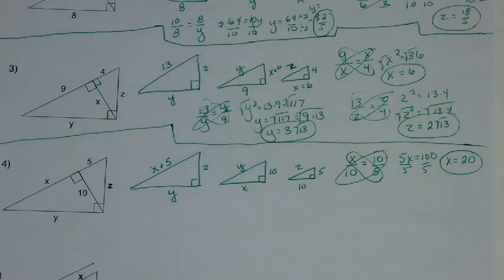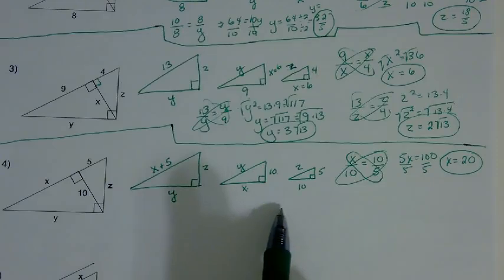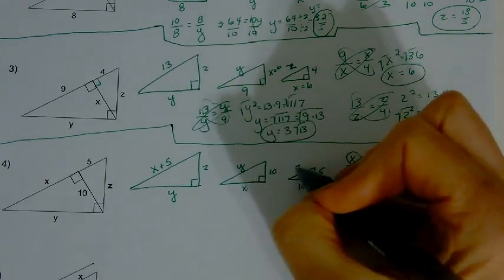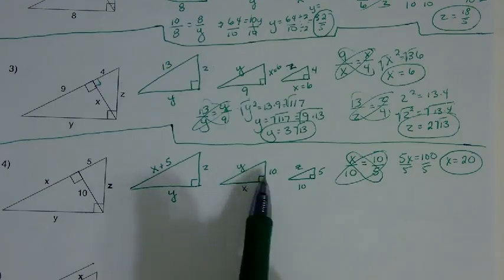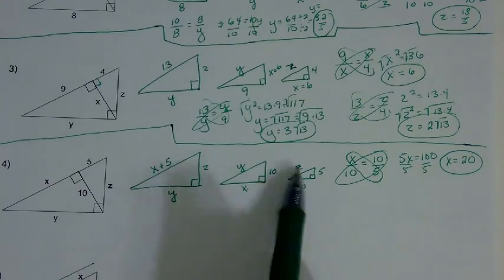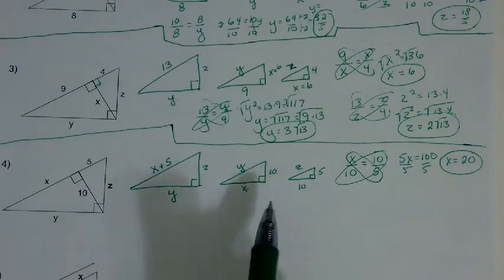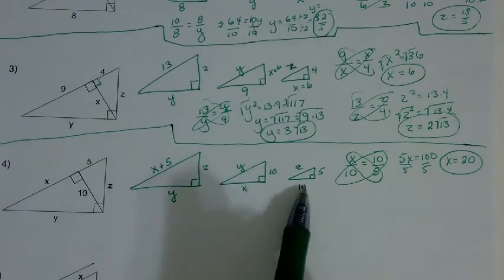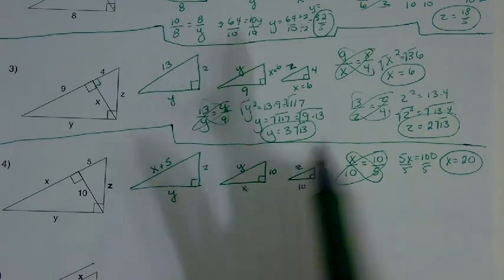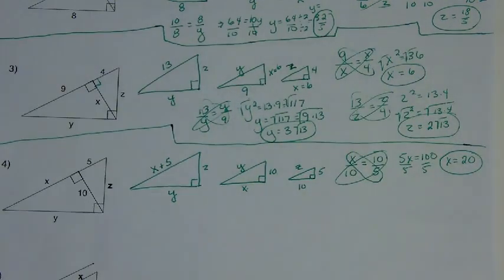Now we're going to solve for y. I'm going to make that look more like a z. Okay, so I can't say y is to 10 and z is to 5 because that's two different variables, but we could say maybe y is to x and z is to 10 if I put in the value for x.